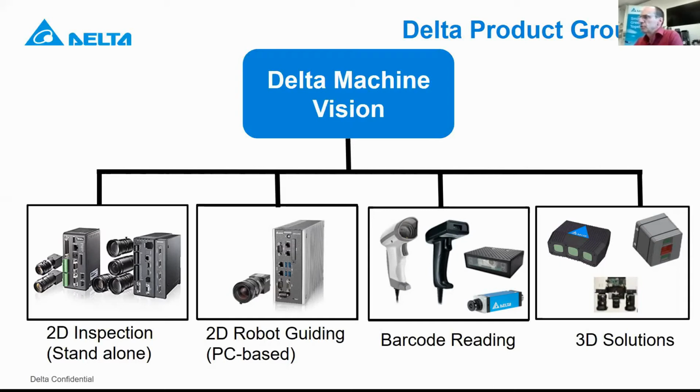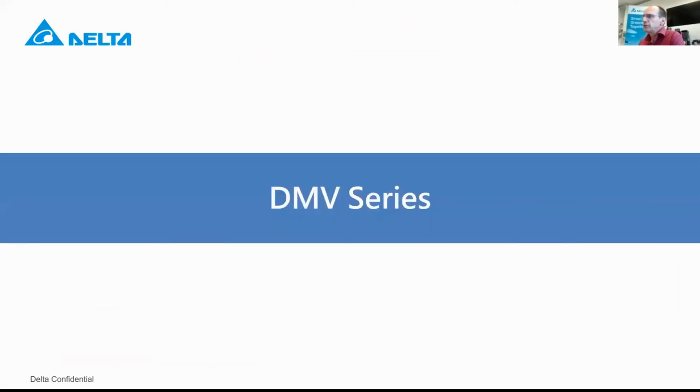We also have some possibilities for barcode reading, handheld, fixed mounted, but also a vision sensor. And the third one, which we are starting to promote now, is a 3D solution, the all-in-one and the TOF camera, for example. First of all, the DMV series.